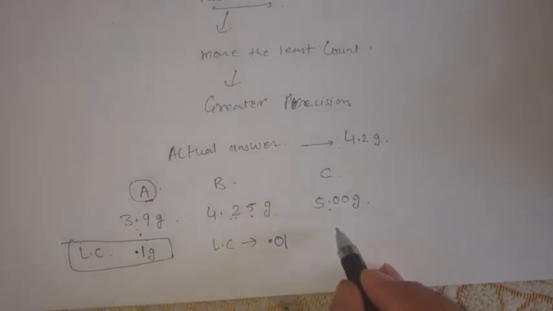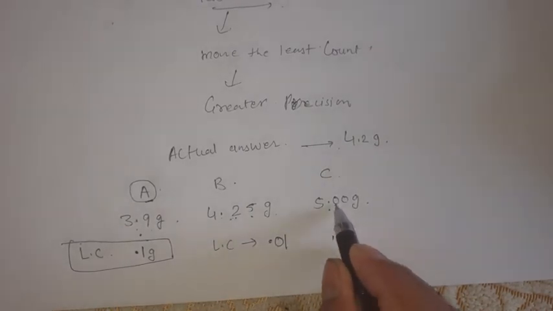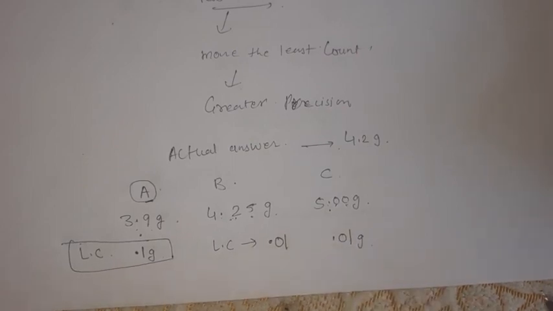And the third, if you observe, its least count is again 0.01, because after the decimal there are 2 digits, so 0 for one and 1 for the other. So it is 0.01 gram.